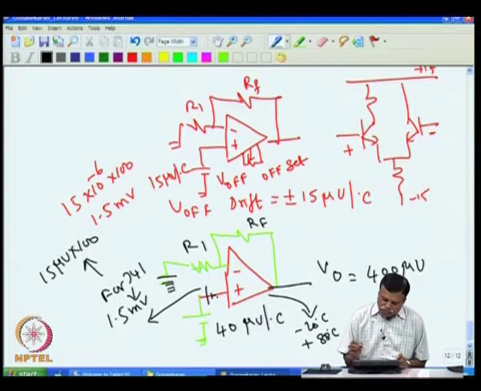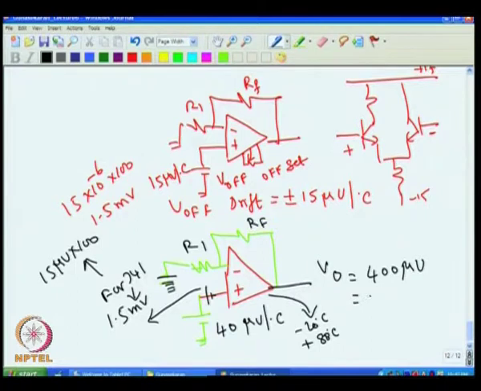So in the worst case, my output will be this 400 microvolt plus or minus this 1.5 millivolt amplified by 10 times, that is actually 15 millivolt. Now if you look at the output at 80 degree C, it will be 15 millivolt plus this 400 microvolt.